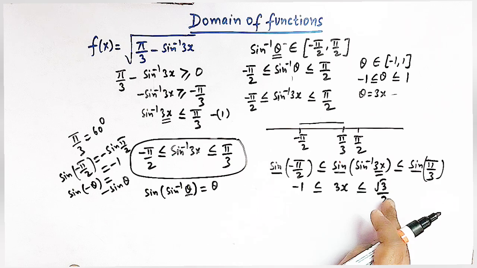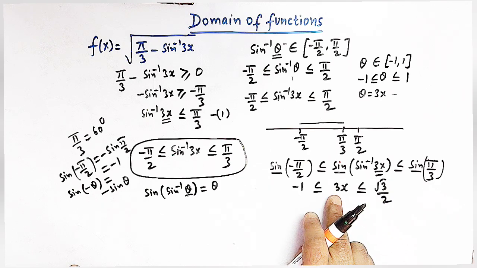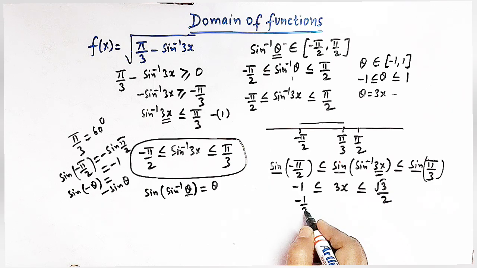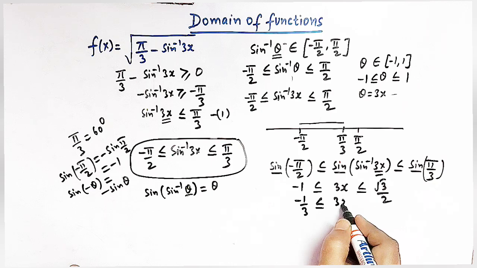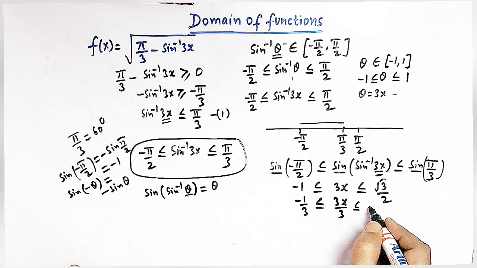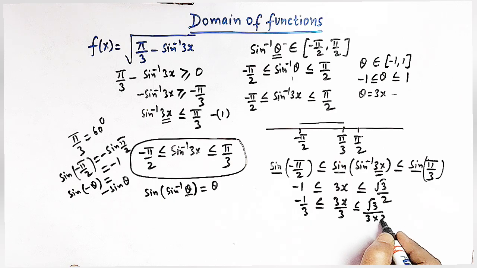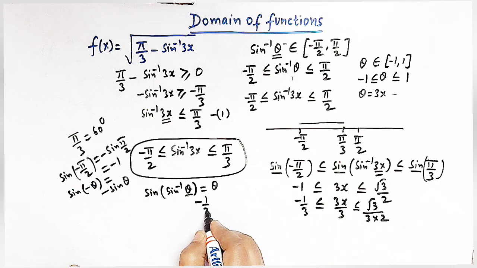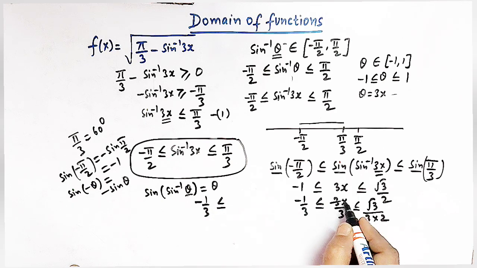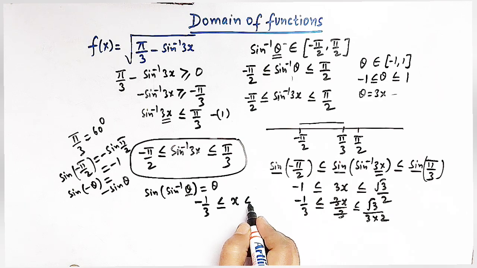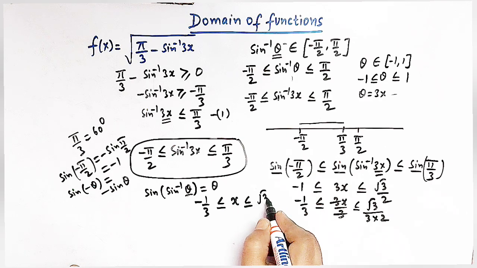So now dividing throughout by 3, we have minus 1 over 3, and here we have 3x over 3, and here we have root 3 over 2 times 3. So we can now write minus 1 over 3, here 3 and 3 get cancelled, and here we have root 3 over 6.